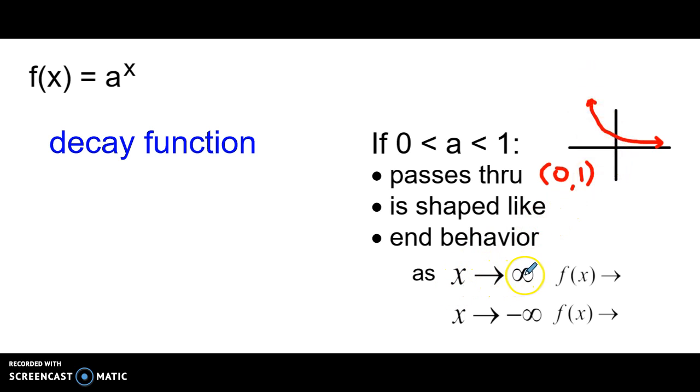End behavior: as x goes to infinity, out this way, f of x approaches the number 0. Okay? However, if x is approaching negative infinity in this direction, y gets bigger and bigger and bigger, so f of x approaches positive infinity.